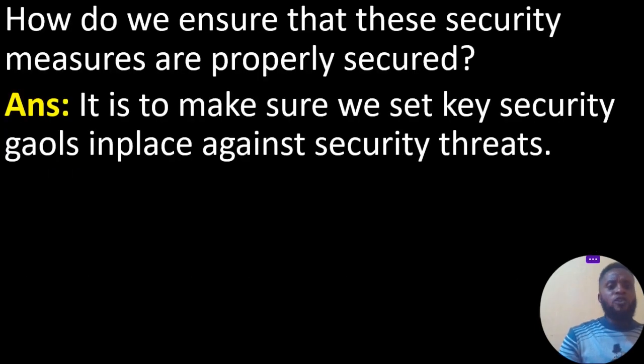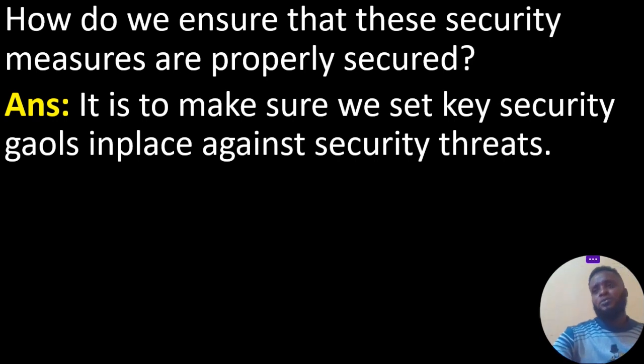Next, how do we ensure that these security measures are properly secure? Because you trust this organization so much, or perhaps, take for instance, you as a developer or as a system administrator or as a network administrator, you are setting up an architecture or a system. How do you ensure that security measures are properly secured?